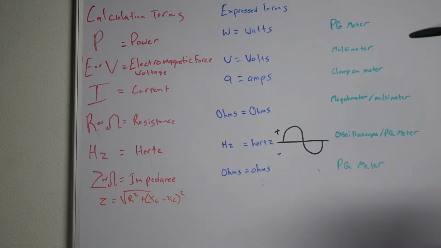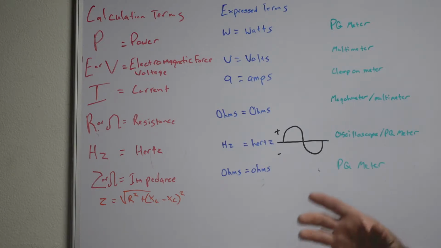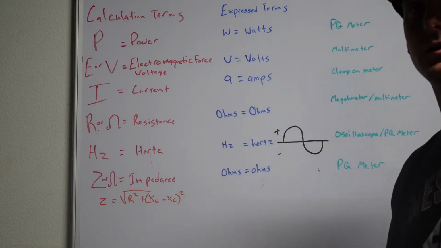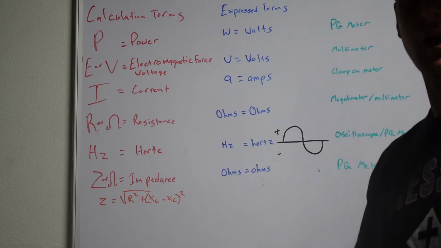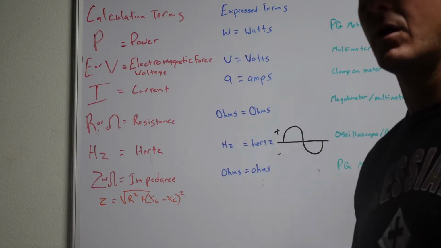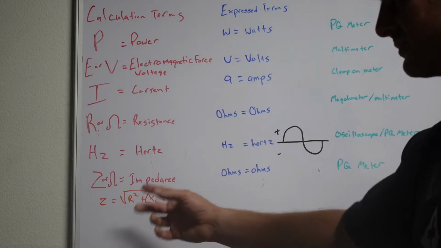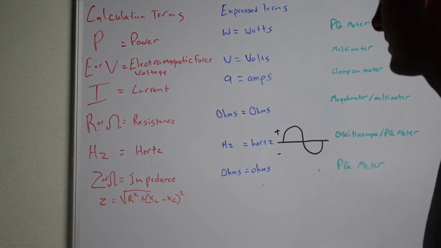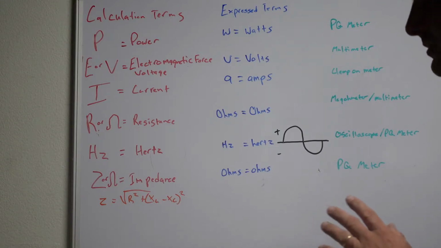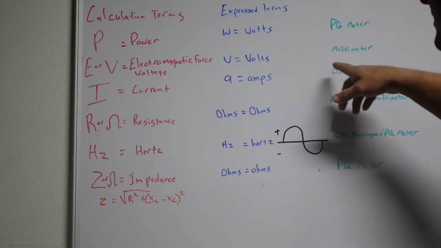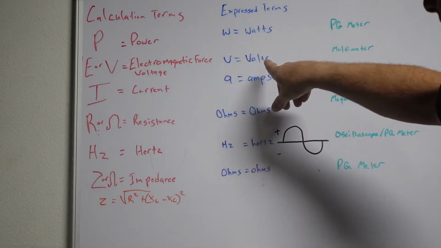A power quality meter is the one where you put clamp-on meters on each line, and you also measure voltage, and it gives you an exact reading on what's happening in your power: your power factor, your capacitive reactance, your inductive reactance, all of that good information, volts and amps.